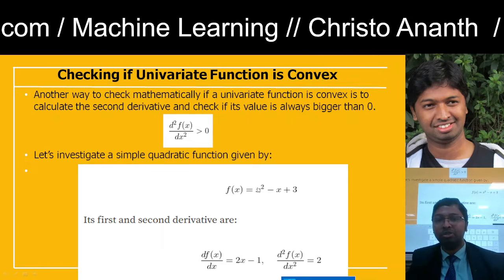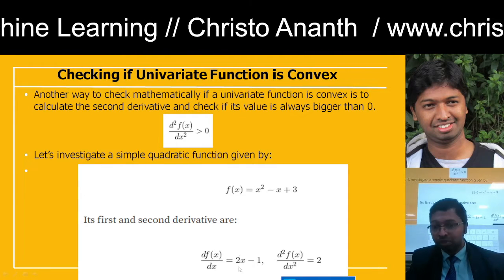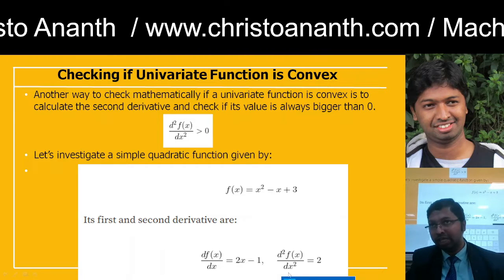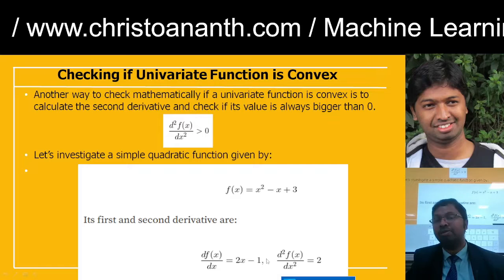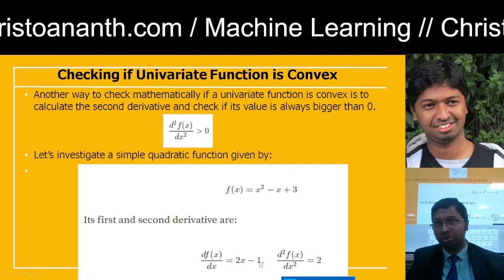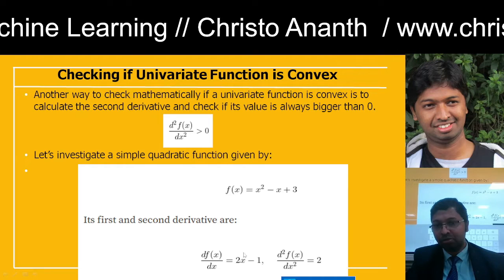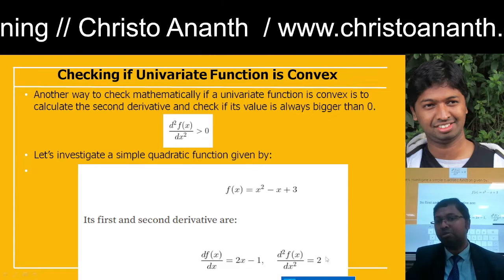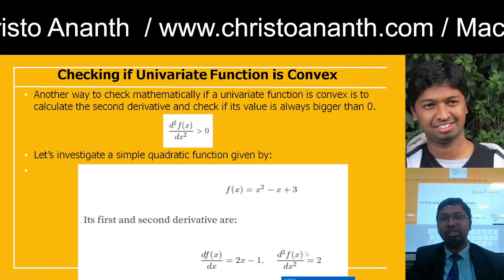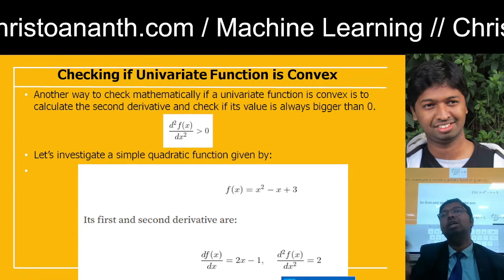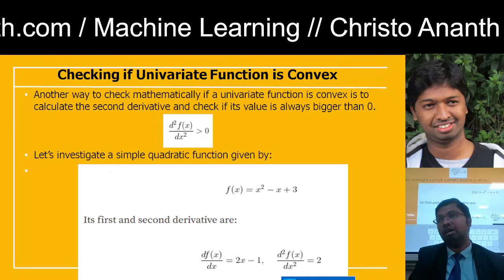So this becomes 2x minus 1, and if you differentiate once again, d square of f of x by dx square equals 2 multiplied by 1, that's all, it is 2. So in this case it is greater than 0, and you can say that this univariate function is said to be convex.